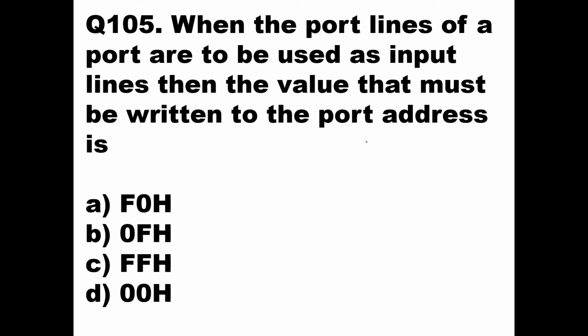So the 8 lines of the port are all 1. This is nothing but F, this is nothing but F. So it should be FFH in hexadecimal. So the option should be option C, FFH.